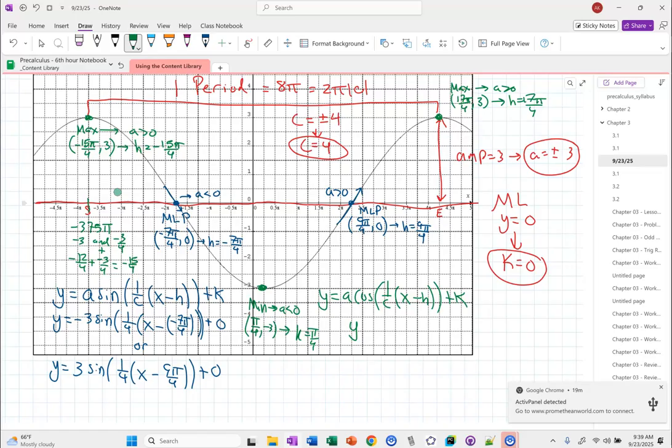And "and" means add. To add fractions, you need a common denominator. So I took like 3 over 1 and multiplied it by 4 over 4. That gives me the -12 over 4. To add fractions, you just add the numerators and the denominator stays the same. Yeah. So there's my 15 over 4.